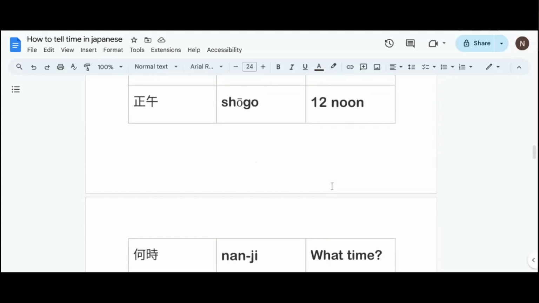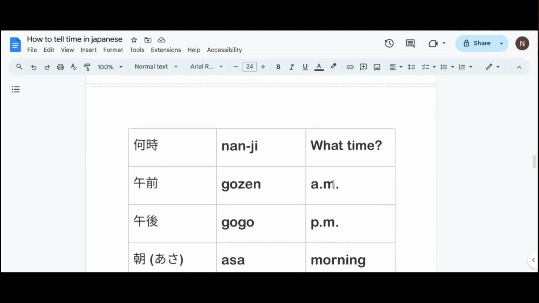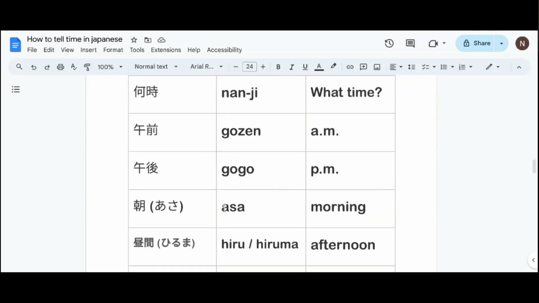And then we have the question Nanji desu ka? What time is it? The gozen, which is the AM. Gozen can also be asa, morning. Okay? Asa or gozen.